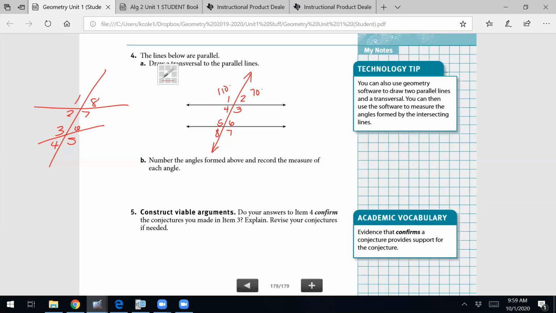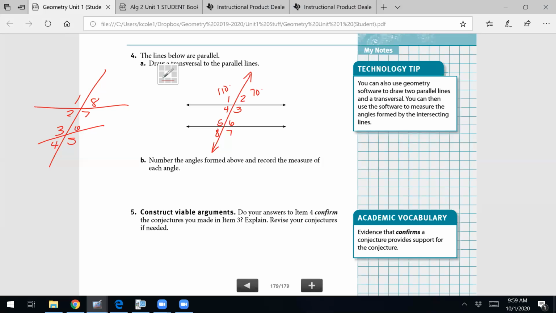So number 5. Do the answers on number 4 confirm the conjecture you made in item 3? Well, what did we say in item 3? That they're all going to be congruent and supplementary. So we didn't actually finish this one, but yes, that is going to be true every single time. So for number 5, you can say yes.